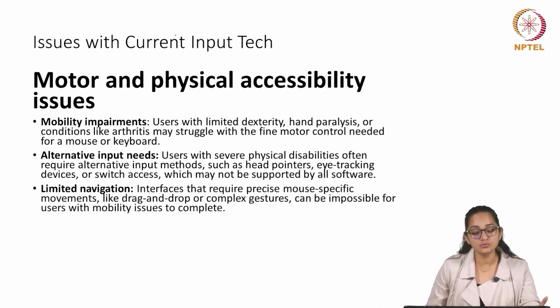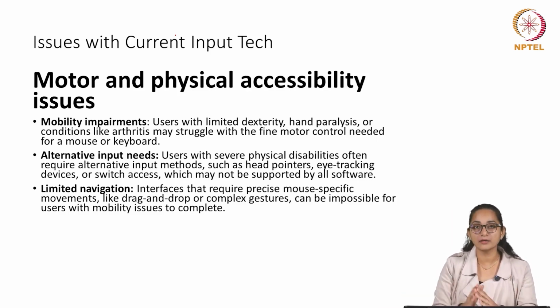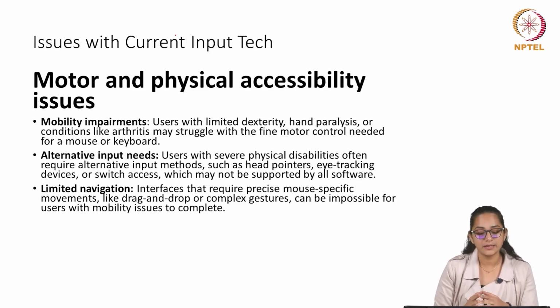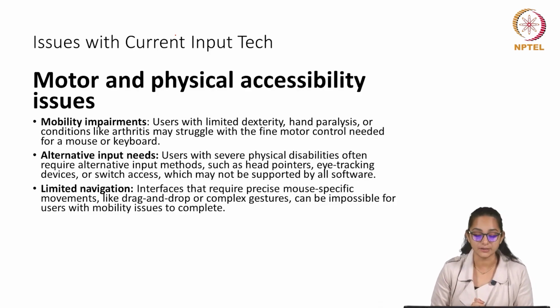The third issue can be of limited navigation. Interfaces that require precise mouse specific movements like drag and drop or complex gestures can be impossible for users with mobility issues to complete.